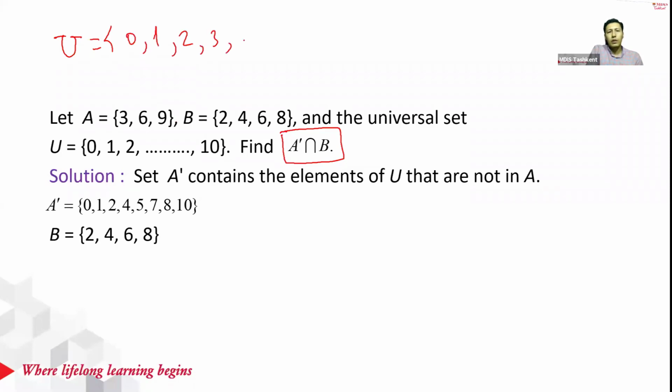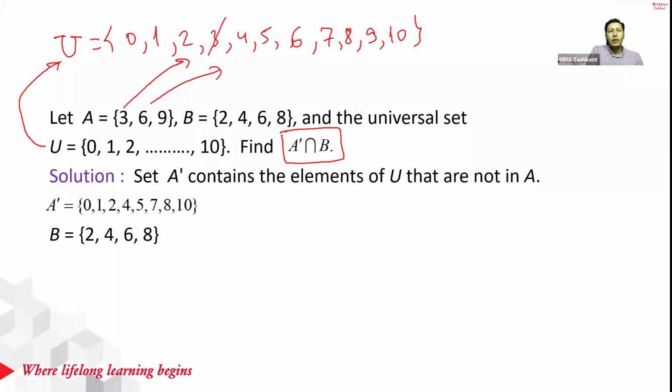That means there is 3, 4, 5, 6, 7, 8, 9, 10. This is actually U. So we have to take out 3, 6, and 9. So the rest you just copy and we get complement of A here.